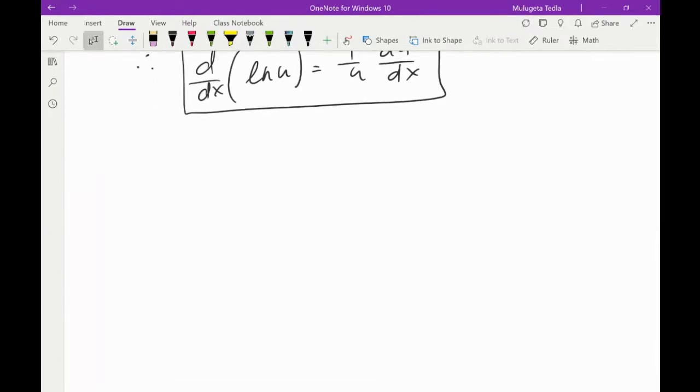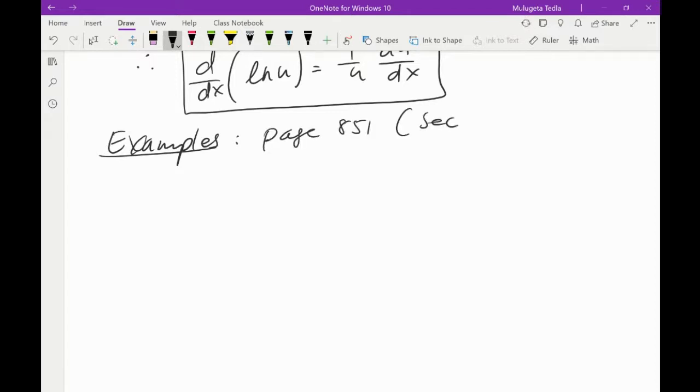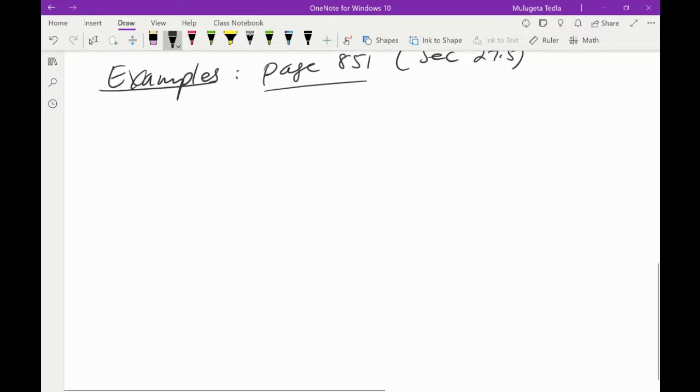Okay, so I will do some examples from the textbook. On page 851, section 27.5, let's say number 4.